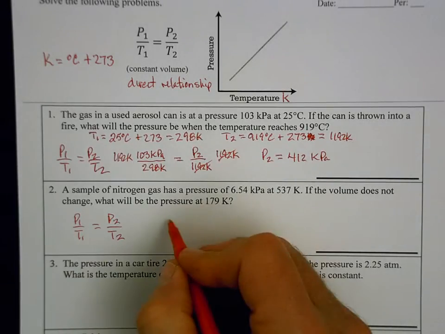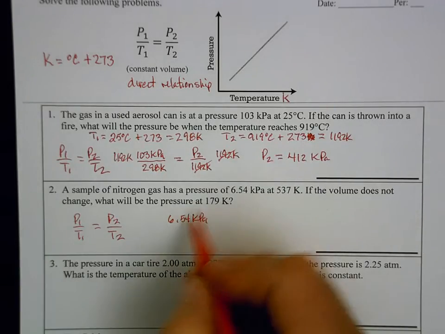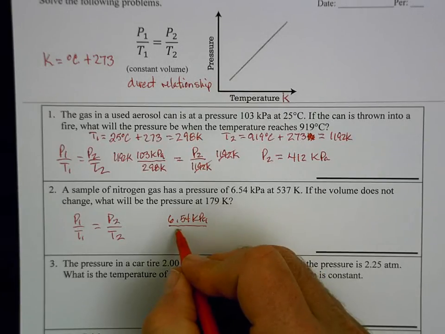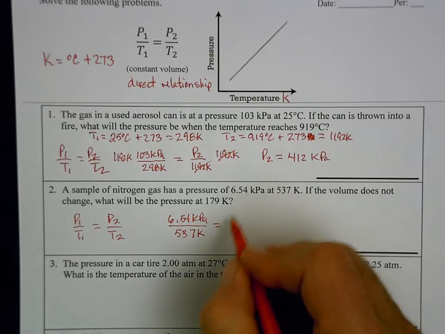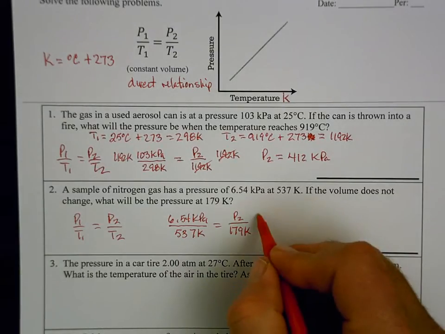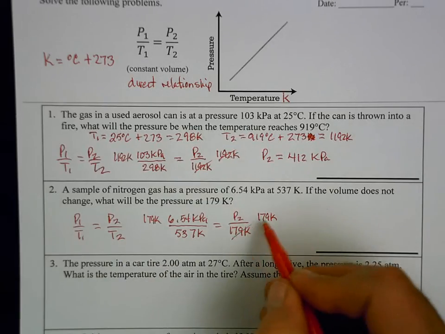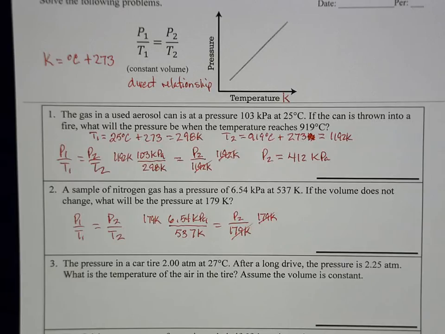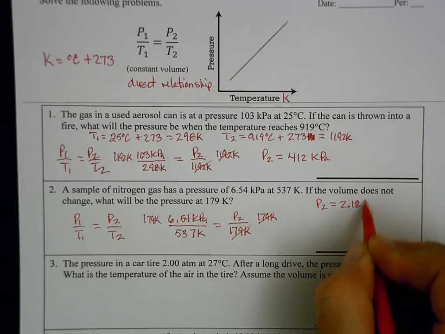Let's plug in our stuff. 6.54 kPa over 537 K equals new pressure P2 over 179 K. Just like in the previous problem, we're going to multiply both sides by the 179 K so that they get canceled. And in this case, P2 will equal 2.18 kPa.